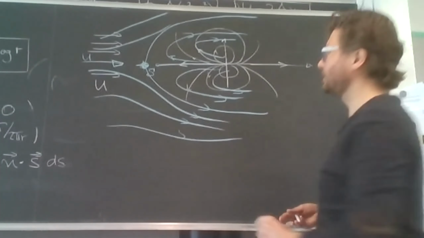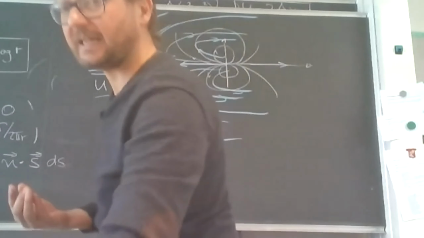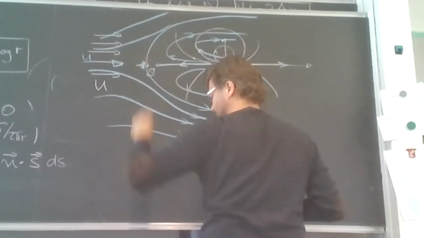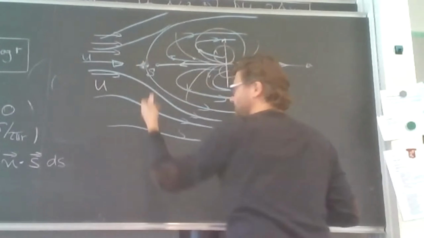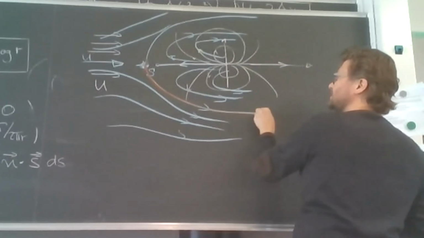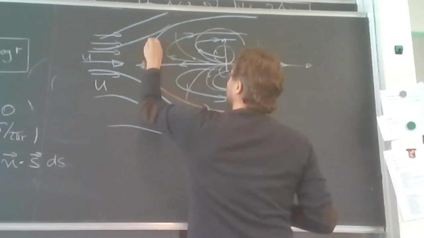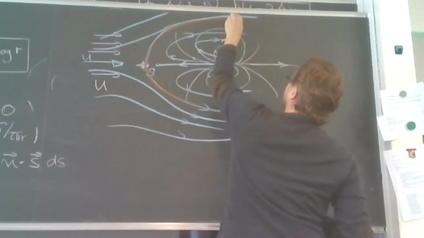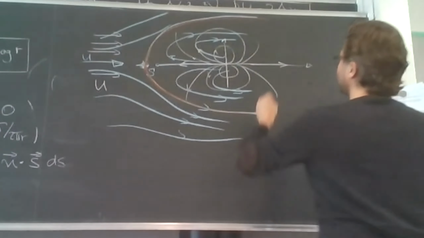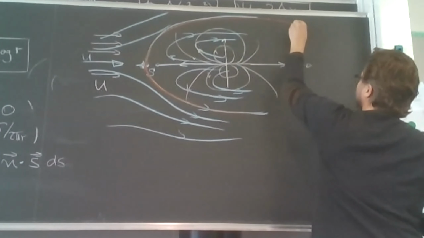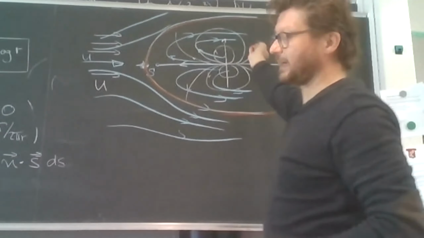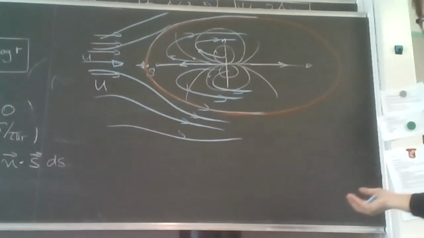But what is really important is that streamline here in the center. Let me draw it with a different color just to make the point clear. There's one streamline which has this shape here. And actually, because the dipole is symmetric, it will even close here in the back.